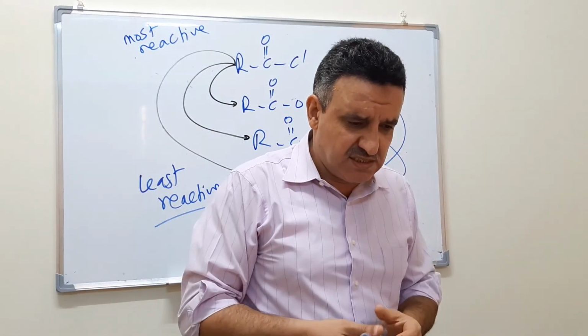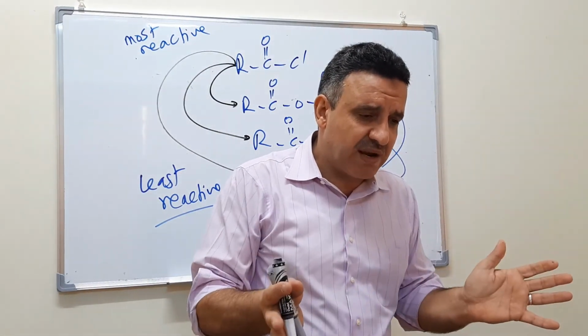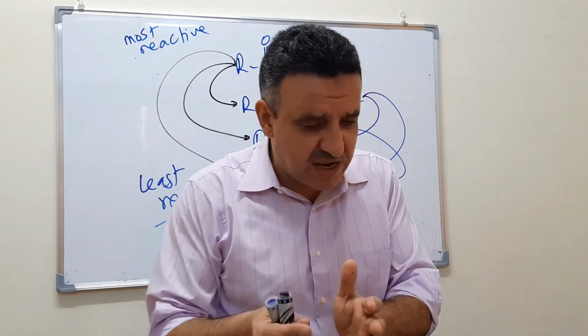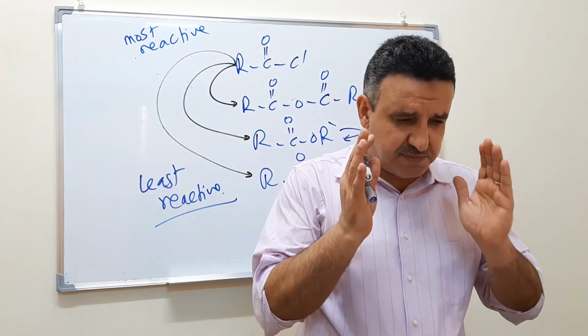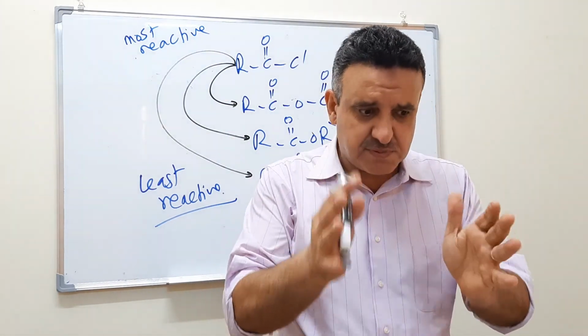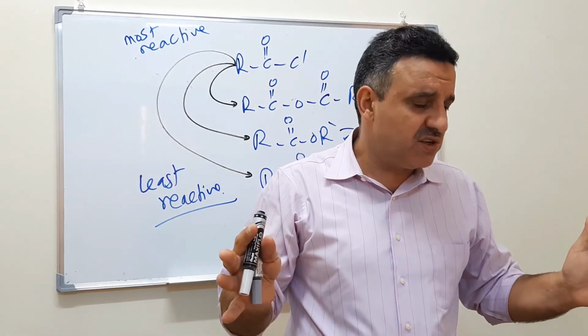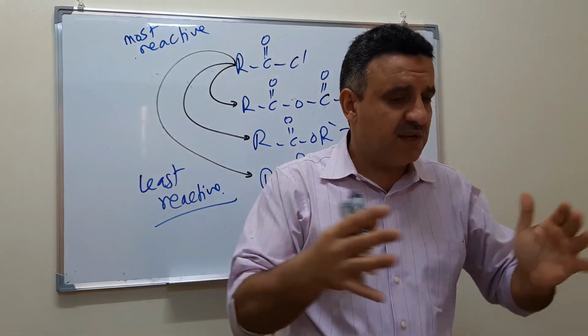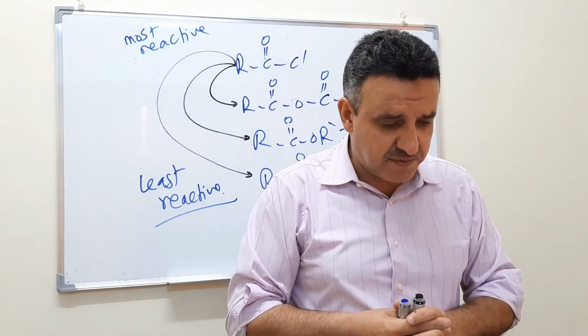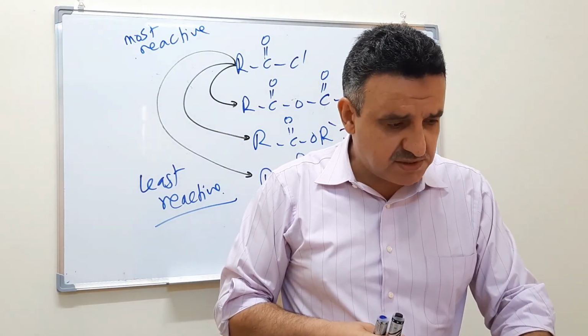I think this is a very summarized way, but at the same time it gives you a very precise perspective on how the conversion between carboxylic acid derivatives proceeds. Is there any question about this?